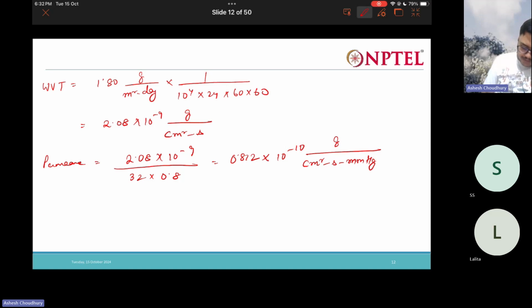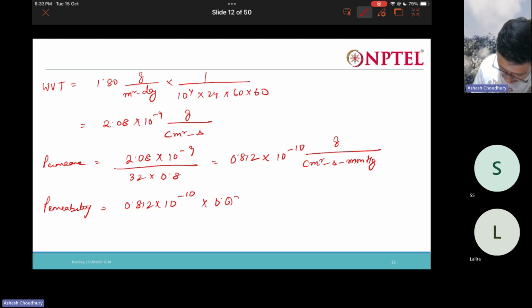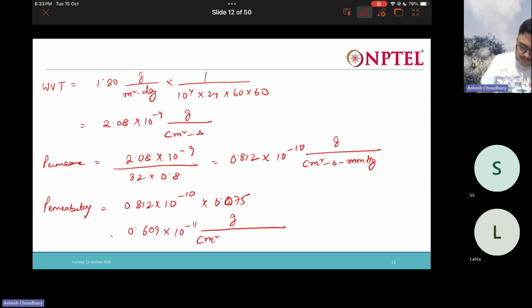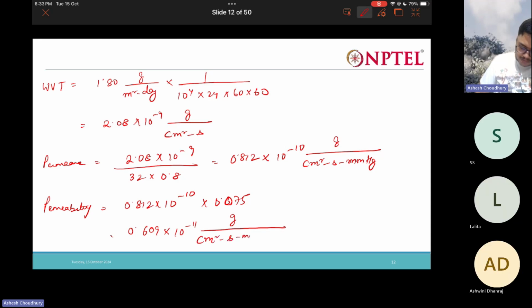Then next we have permeability. It is 0.075 in centimeters, so 0.609 into 10 to the power minus 11 gram per centimeter of the liner.